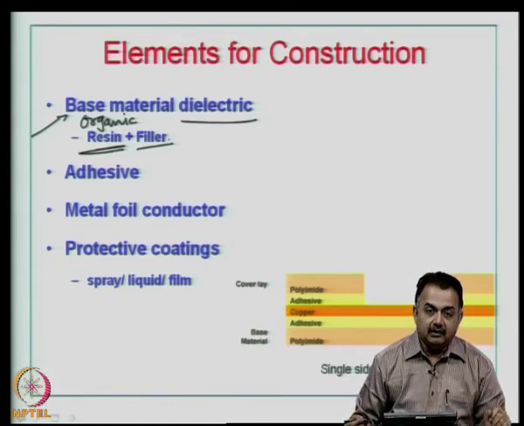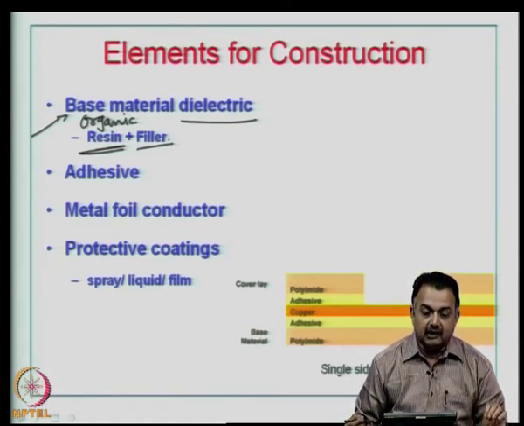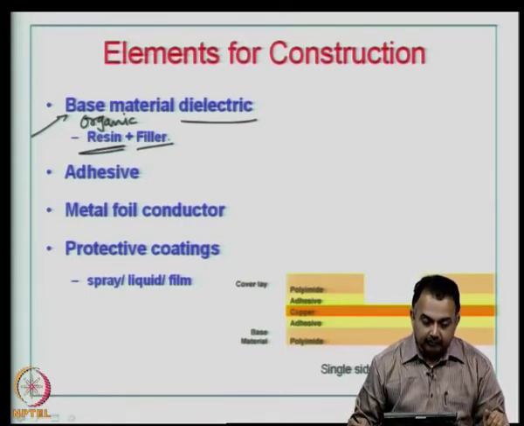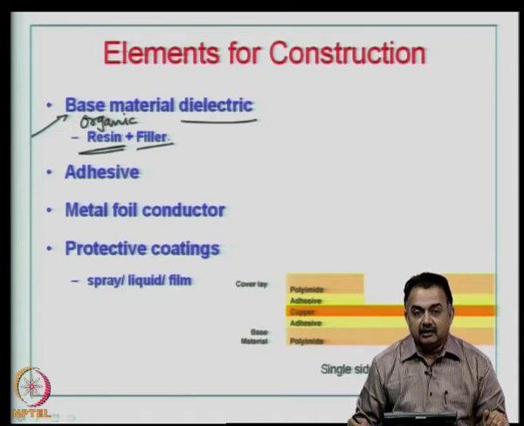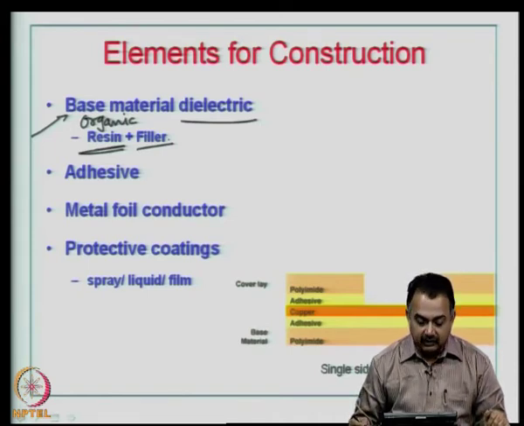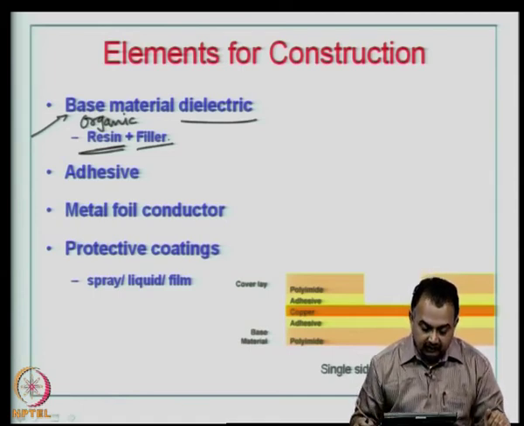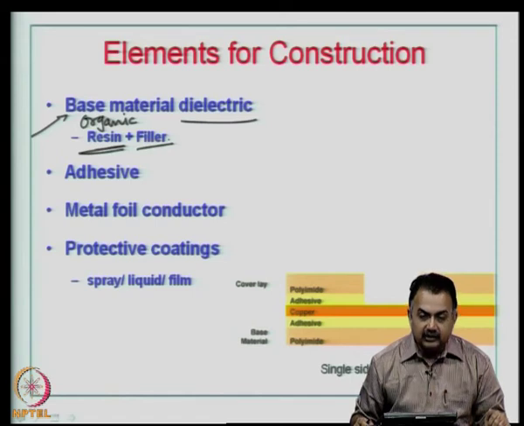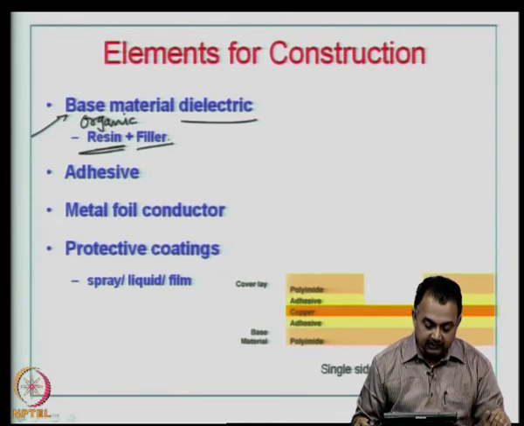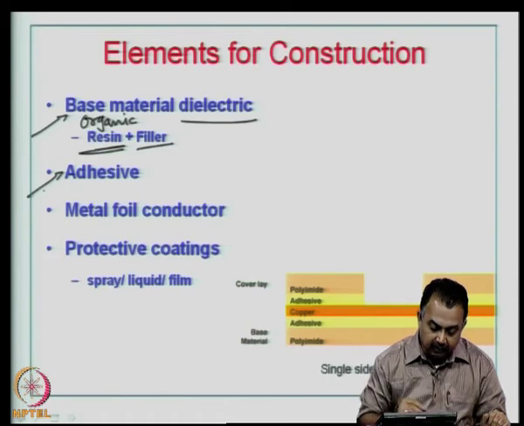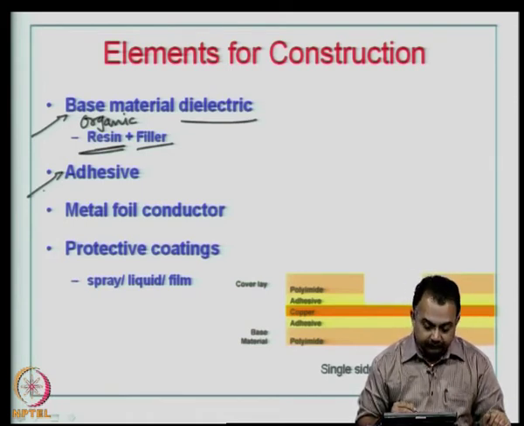The filler content can be very low, so that you are able to provide the base material that is required for the flex circuit. It can't be an entirely organic resin. The filler content can be different, but very low in percentage compared to a rigid PCB. Then you require an adhesive that can bond the copper foil to the base dielectric material.